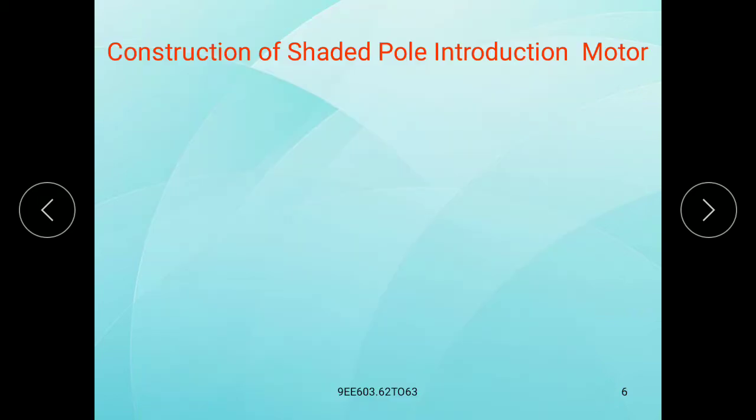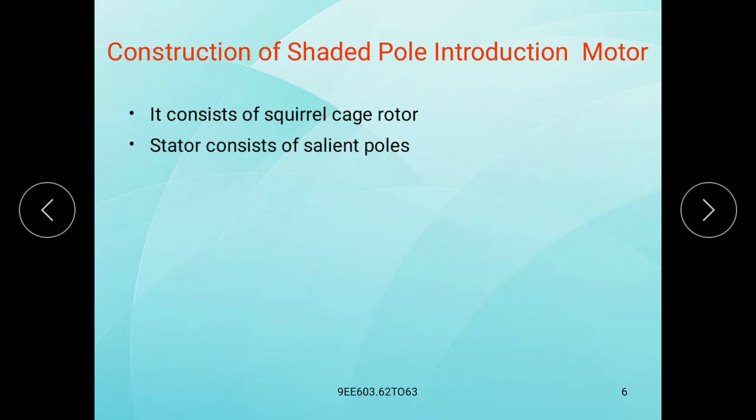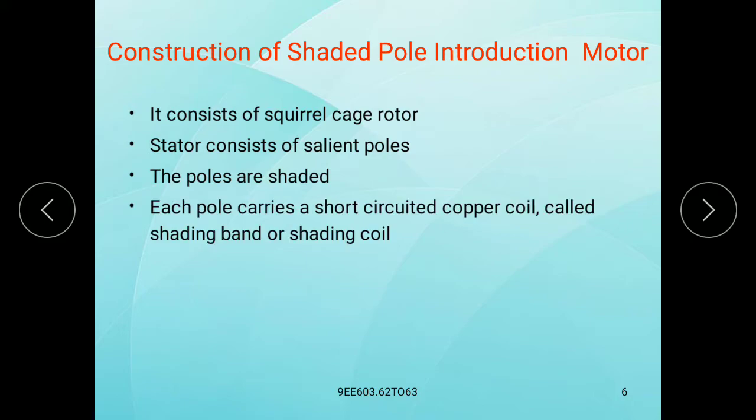Next, the shaded pole motor consists of a squirrel cage rotor. The stator consists of salient poles. Here the poles are shaded.